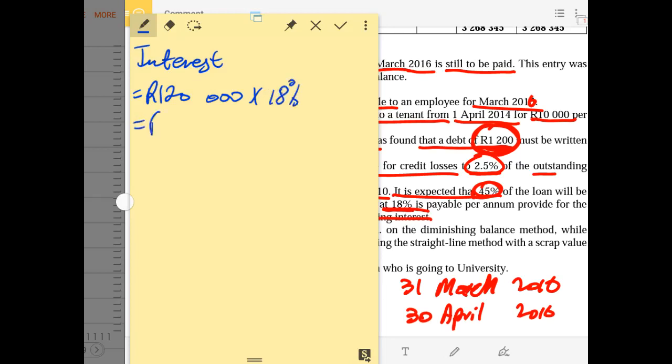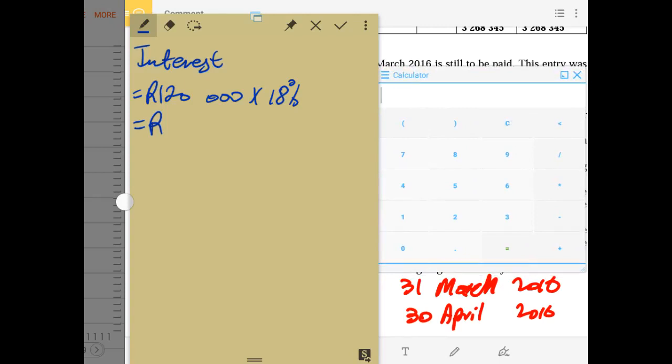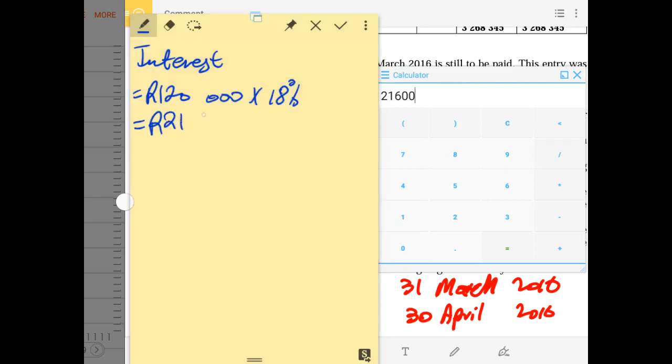If we multiply this by 18%, it will give us the amount that will be the interest on a loan for the full year. 120,000 rands multiplied by 18% gives us 21,600 rands. 21,600 rands, that will be the amount of the interest.